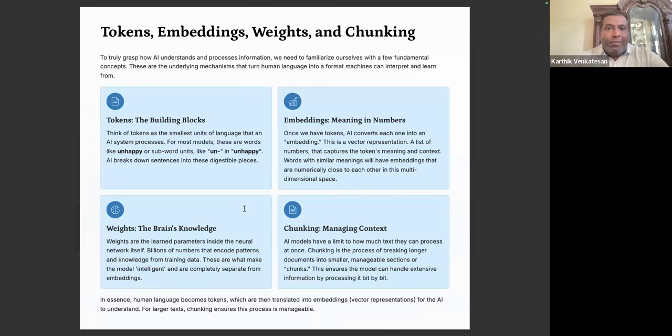Other foundational concepts: tokens, embeddings, weights, and chunking. Tokens are the building blocks. When you provide a prompt like what is the capital of France to an LLM, let's use ChatGPT as an example because everyone is familiar with it, it will convert the sentence into manageable tokens.